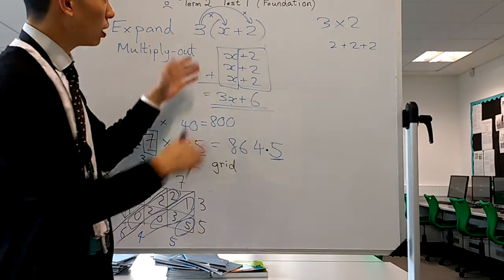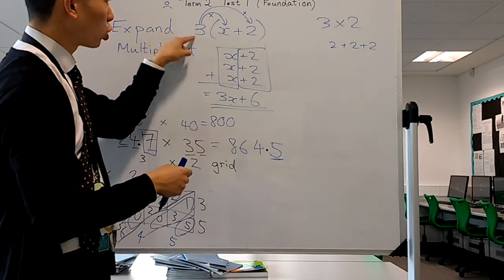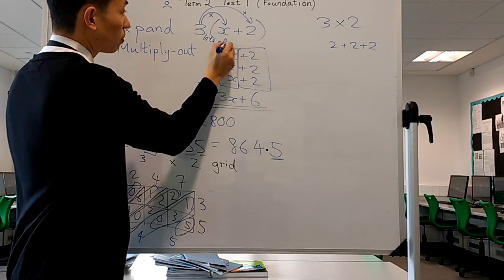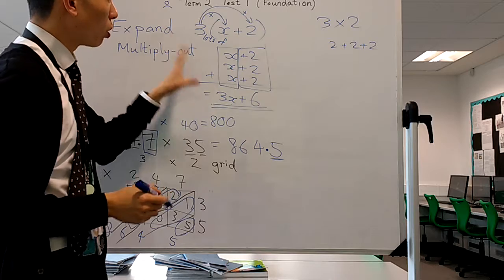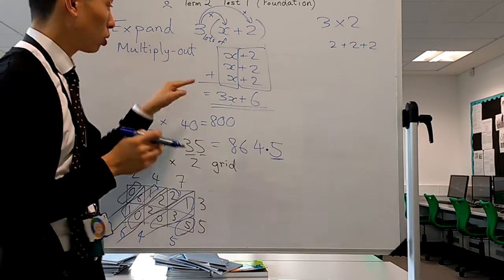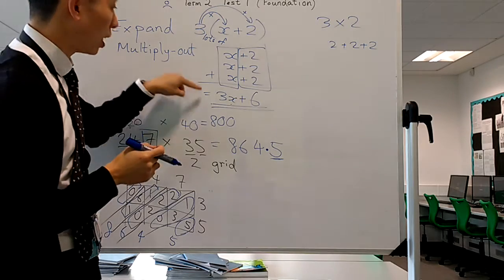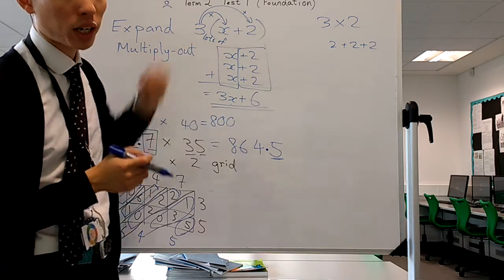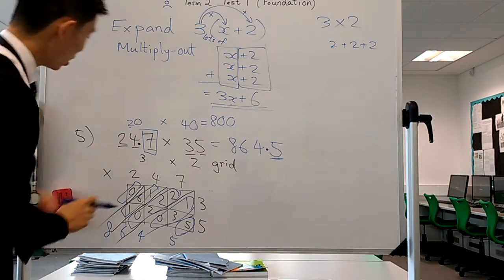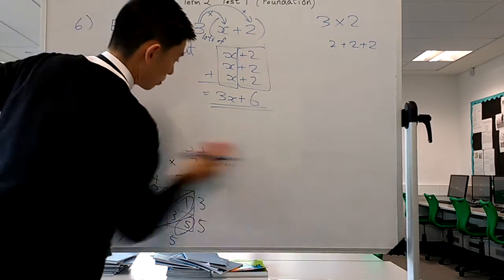But in year 7, the best approach is to show them this means 3 lots of when it's touching. So then they will understand the fundamentals, how this answer comes about. And then they can see the pattern and look for a shortcut in the future instead of doing that. Okay? Number 7.